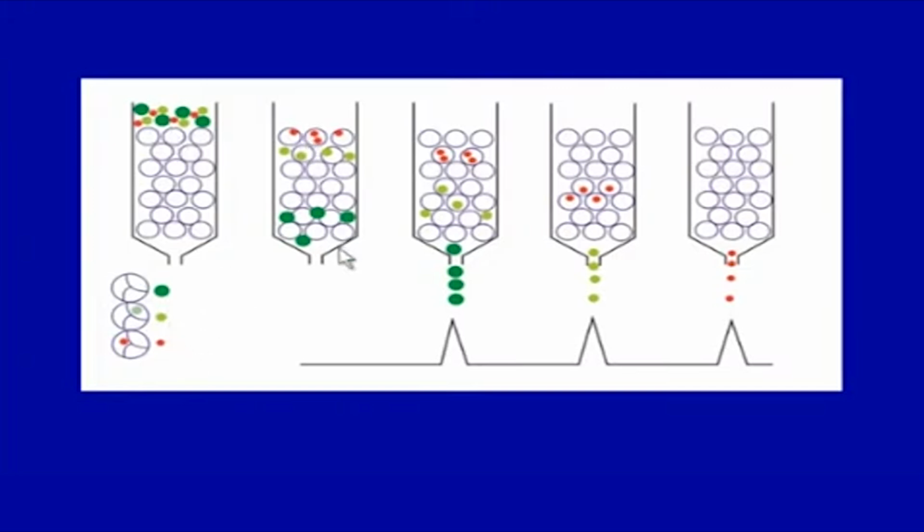They are moving at different rates: the larger moving out very fast, the intermediate at a relatively slower speed, and the smallest at the slowest speed. As the column runs and time passes, the first to elute is the larger one, and you get a separate fraction. That is how you can see it very clearly.